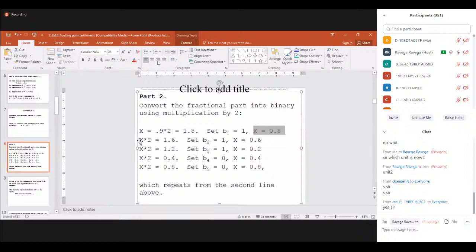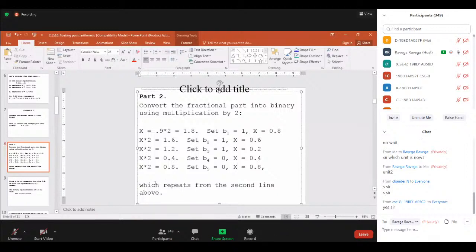In the same way, you're saying again x into 2, that is, you're getting 1.6. So if you take 1.6, b2 is 1 and x is 0.6. You're saying x into 2, then b3 will be 1 and x will be 0.2. In the same way, here 0 is the b4 value and 0.4 is the x value. Here again 0 is the b5 value and 0.8 is the x value.